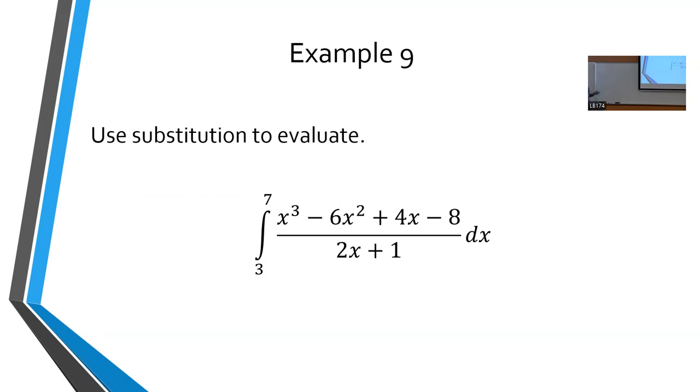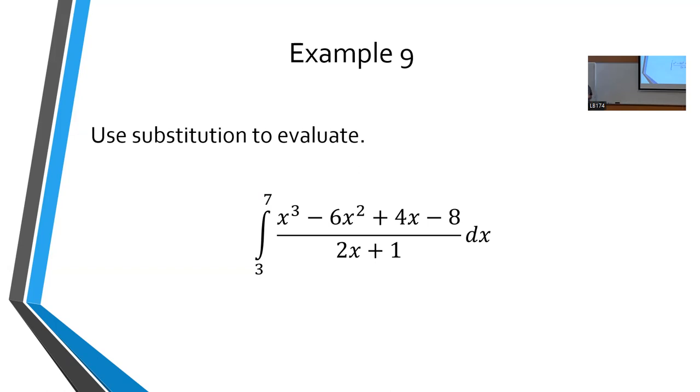So you just have to be wary that if you're integrating with respect to x, your bounds are 3 to 7. But if you're integrating with respect to u, the numbers could change on your bounds. If you convert back to your x's, you don't have to worry about that. You can integrate with respect to u, convert back to your x's, and now you're back from 3 to 7 again.